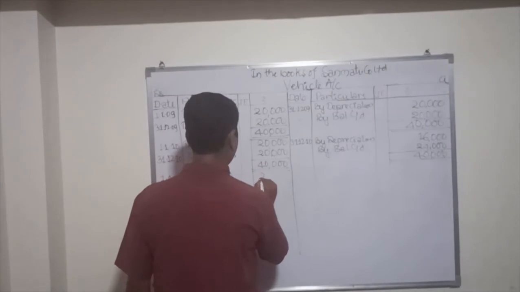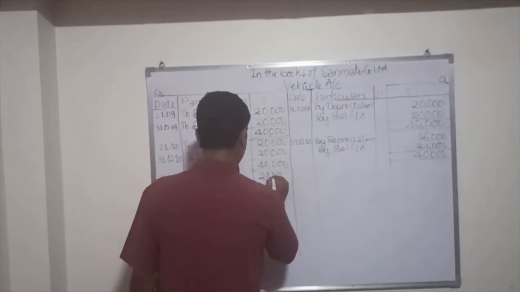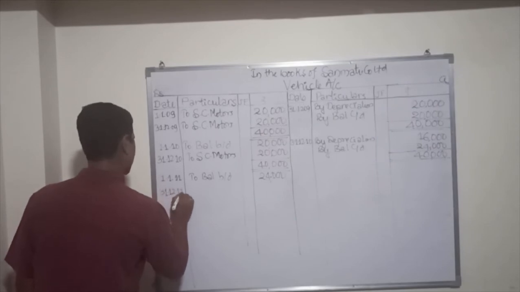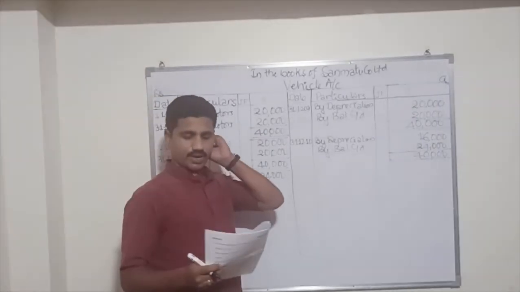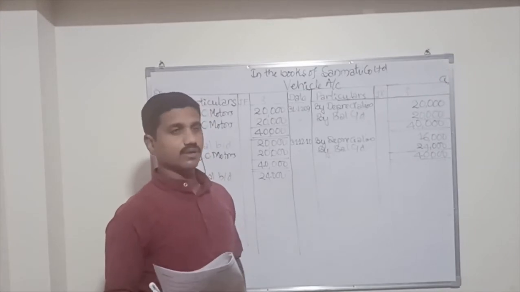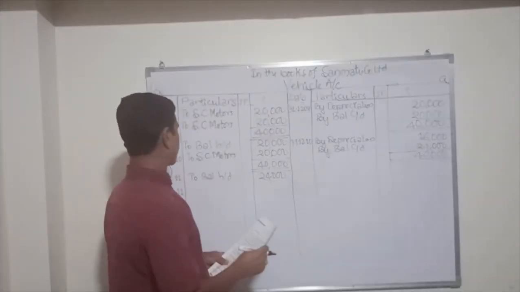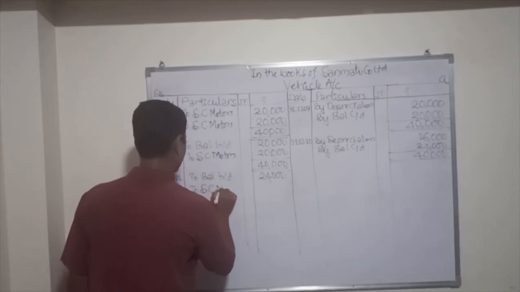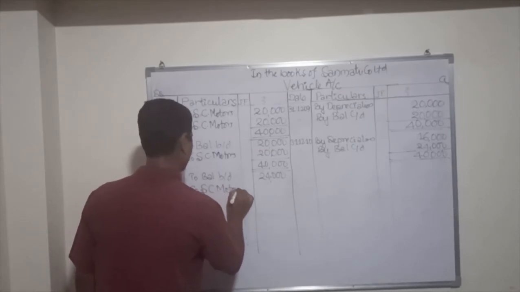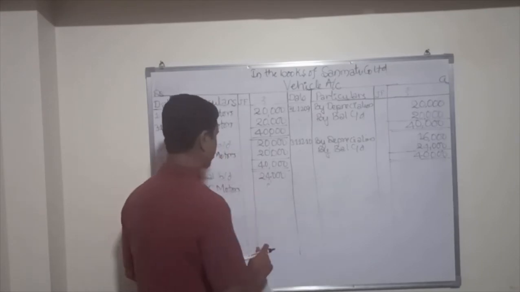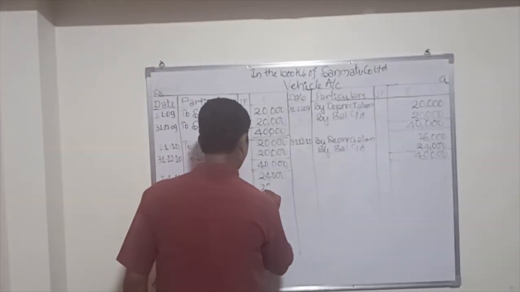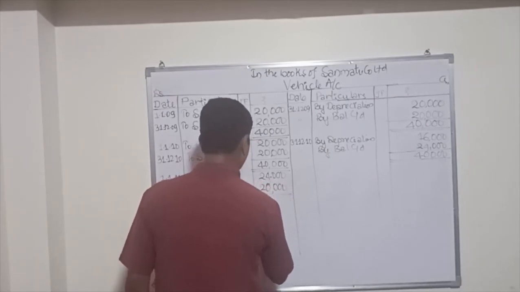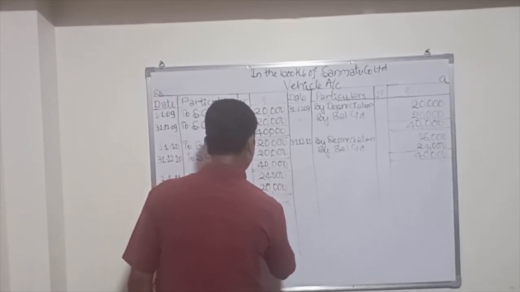It is 24,000. When the third installment is due on 31st/12/2011, the entry will be vehicle account debit, interest account debit to SC Motors. Sorry, 8,000 is the interest, 20,000 will be the principal amount here. So 44,000.